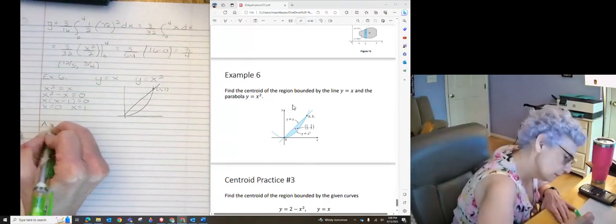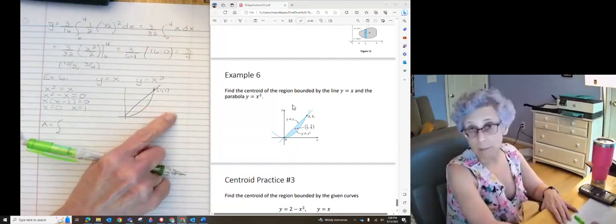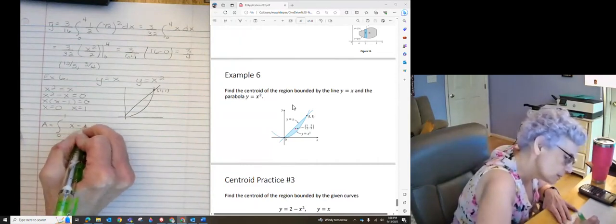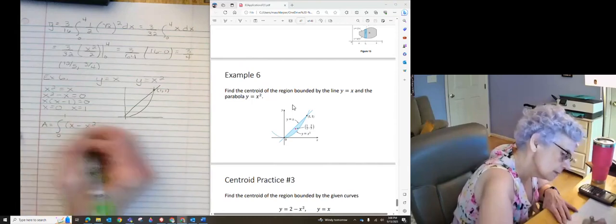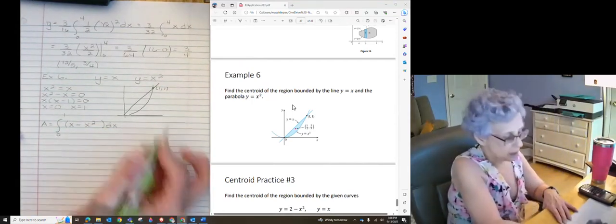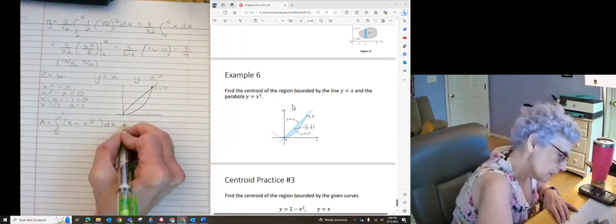First thing I need is the area. I like to draw the picture so I can see who's on top and who's on bottom. 0 to 1 of x minus x squared, because the line is on top until you get to 1.